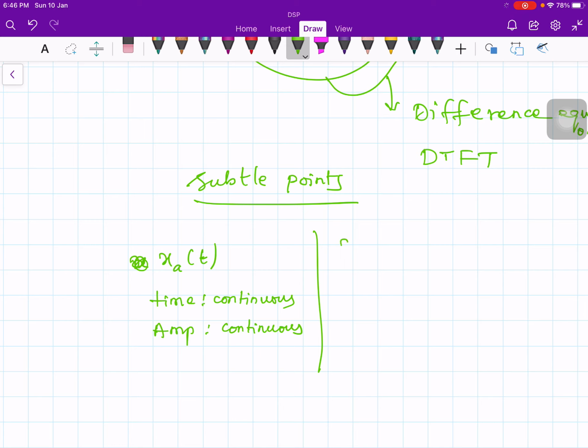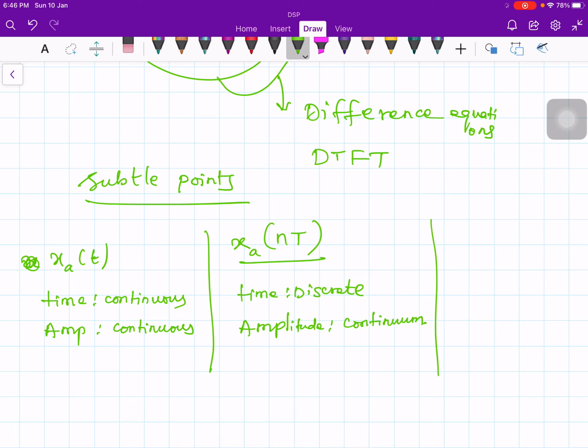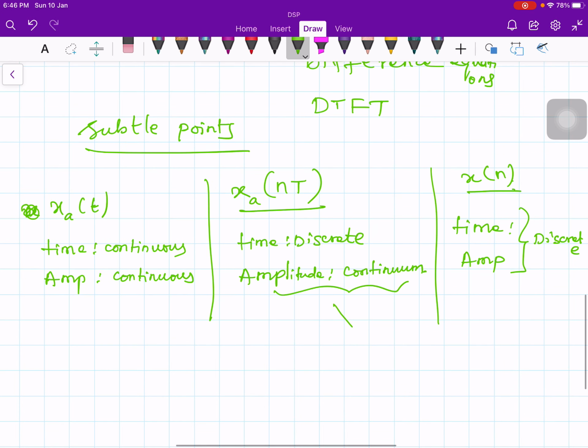Once you do the sampling, you will get x suffix a of nT, and here time is discrete and amplitude is continuum. And if you take x of n, in this case time and amplitude both are discrete. So even though the amplitude is continuous in one case, both are analyzed by the same technique.